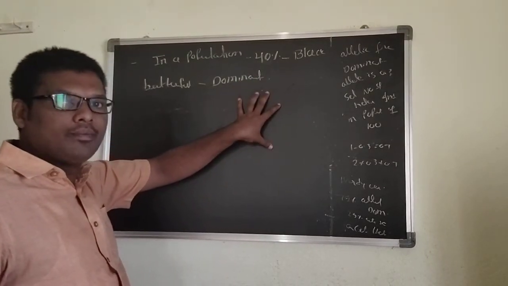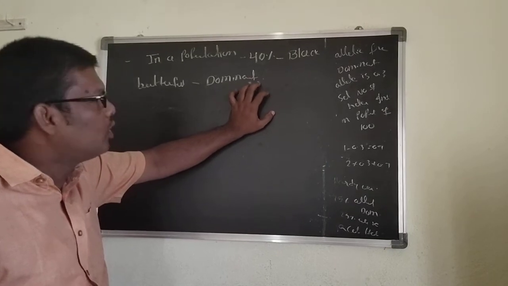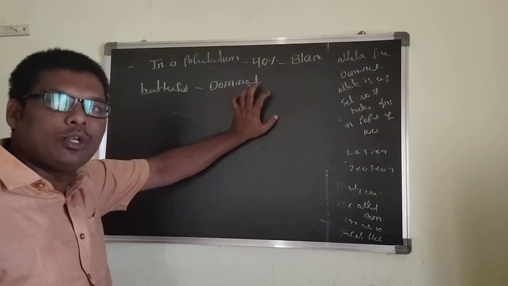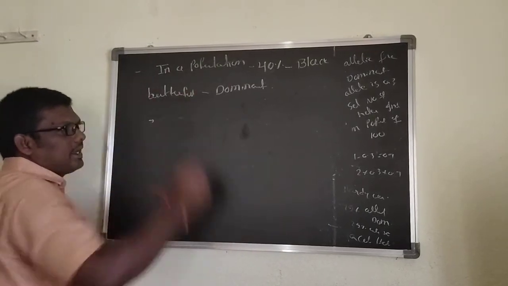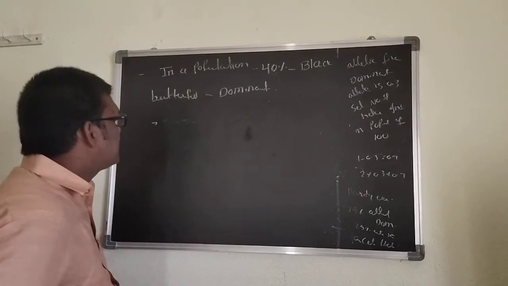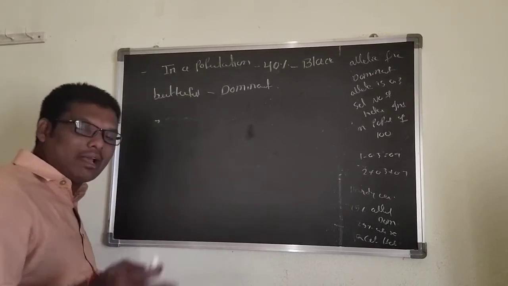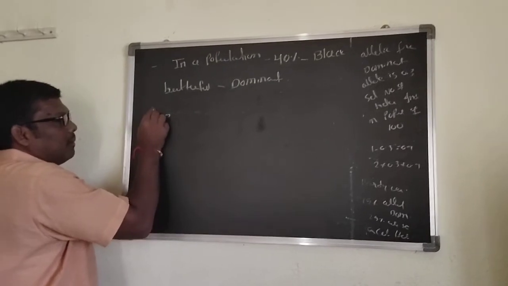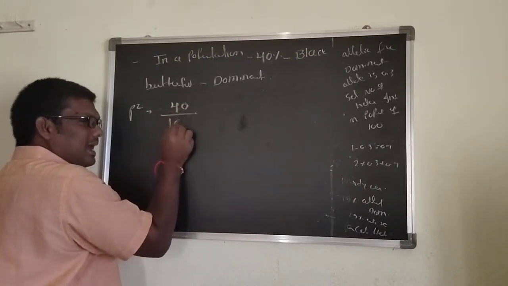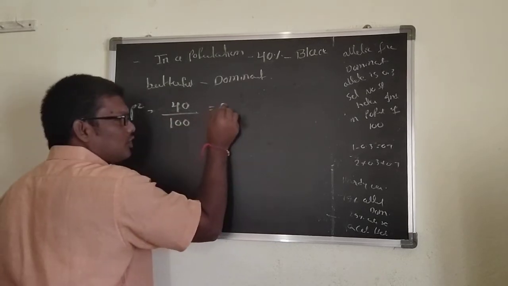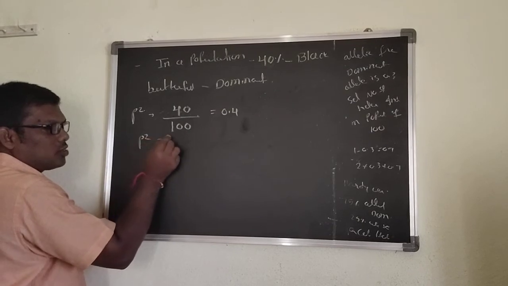Find out the frequency and individuals of the recessive one and the heterozygous one. Now see what they gave: 40% black color butterflies, the dominant one. That means they gave p square. p square equals 40 by 100, which gives 0.4.